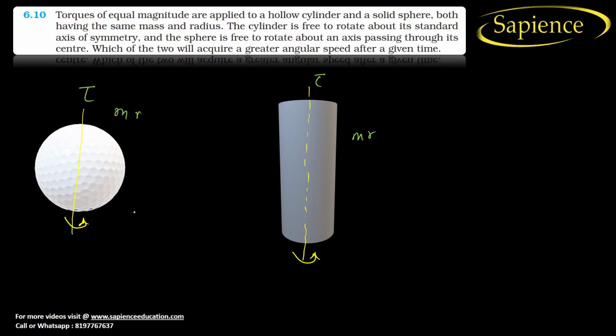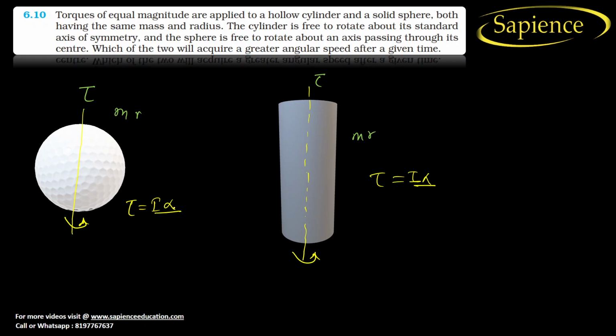We know that the formula for the torque is I into alpha, and for this also torque will be I into alpha. But both have the same torque, right?